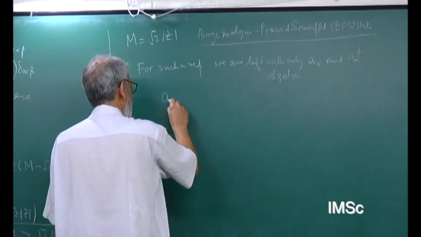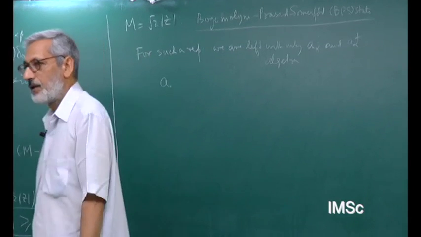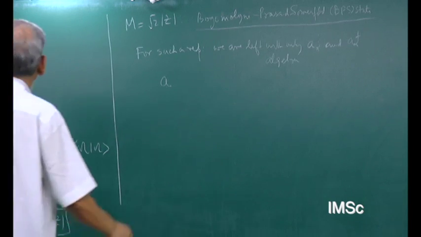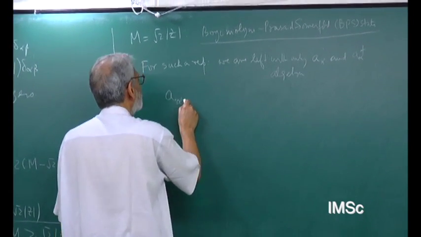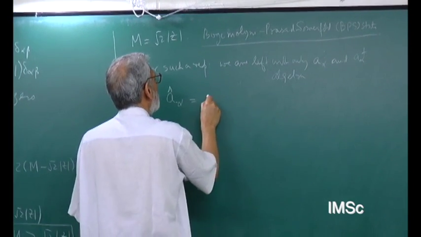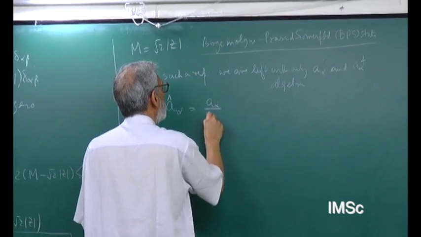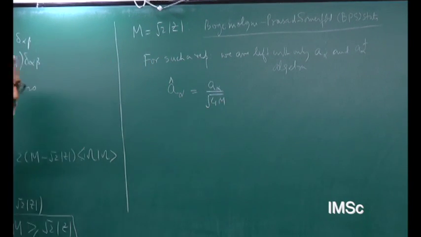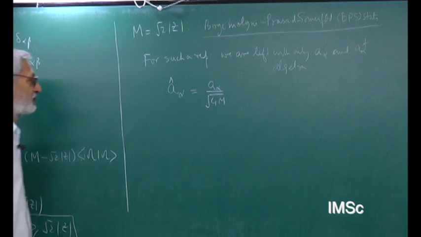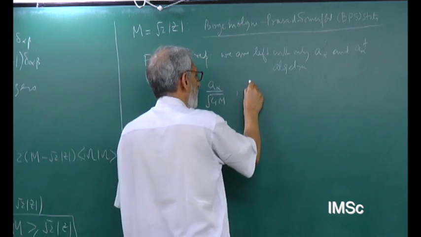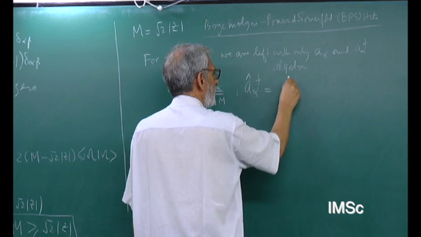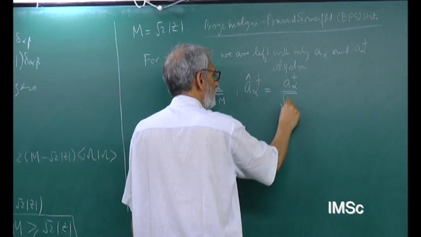And to put it in a way where we can easily read off the representations, we scale these oscillators: define A alpha hat to be A alpha divided by root 4m, and A alpha dagger hat as A alpha dagger divided by root 4m.